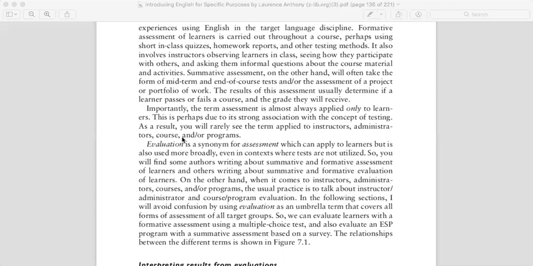Okay, so what we are going to talk about is how we can interpret and infer the results that we get from evaluation, and what the markers are through which we can evaluate.